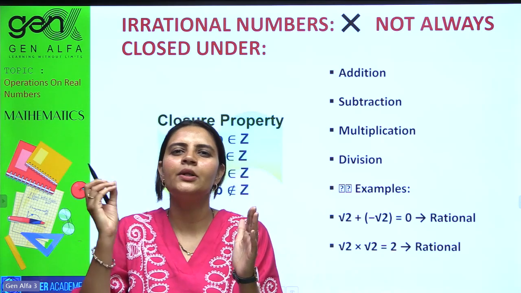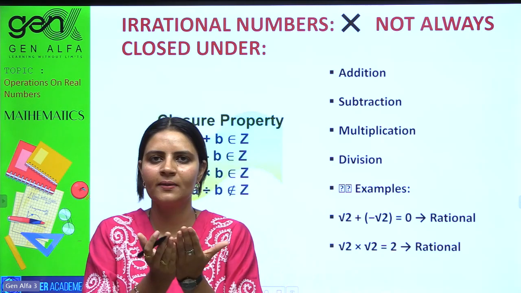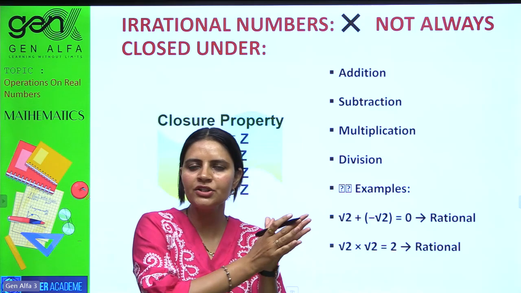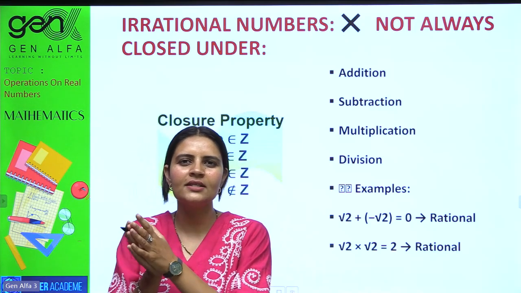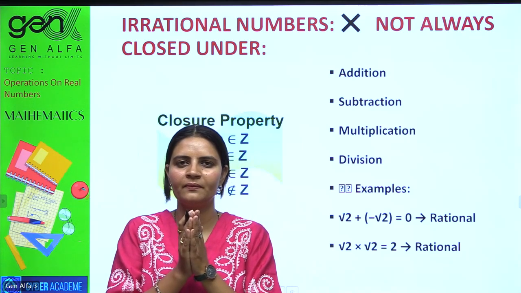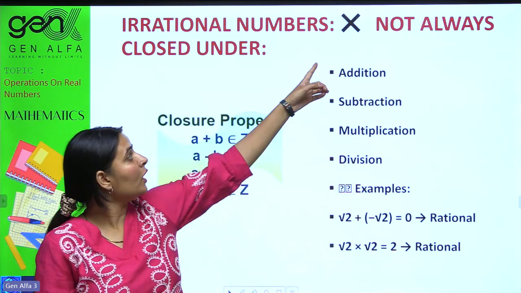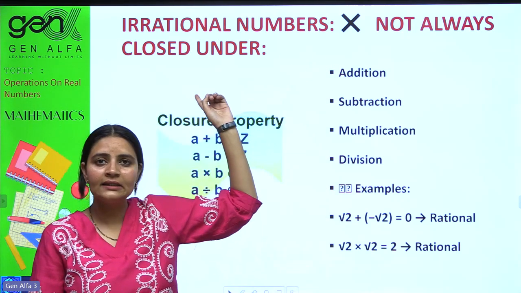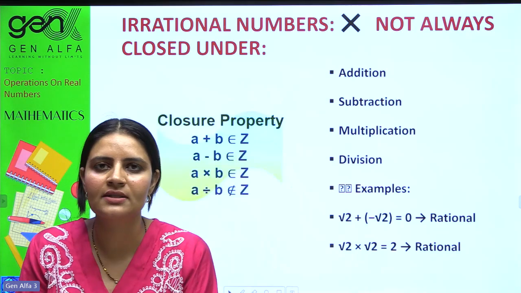That means the property is not satisfied and the set is not closed. I was taking irrationals and I am getting rationals, so the result does not belong to the same set. So you can take these two examples. Hence, you can see irrational numbers are not always closed under these operations.